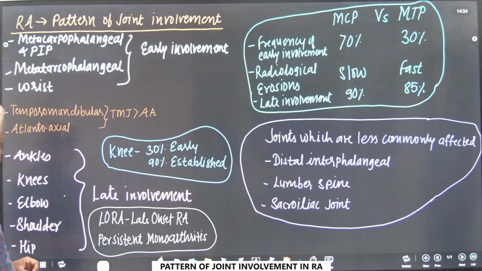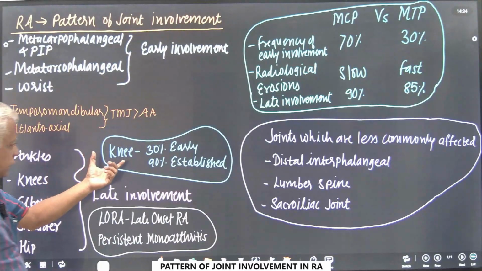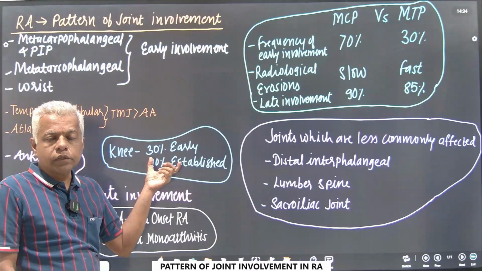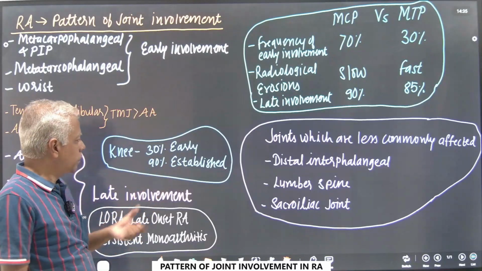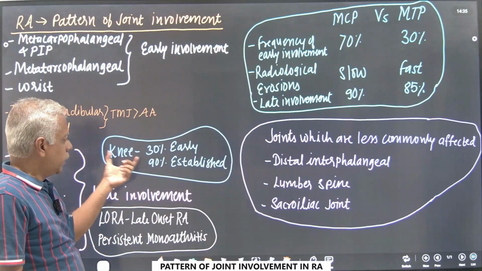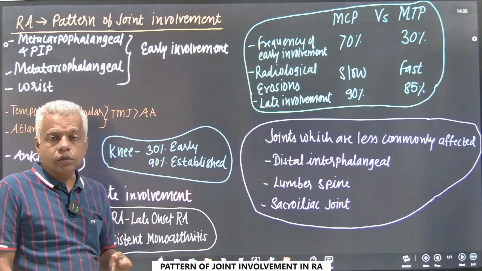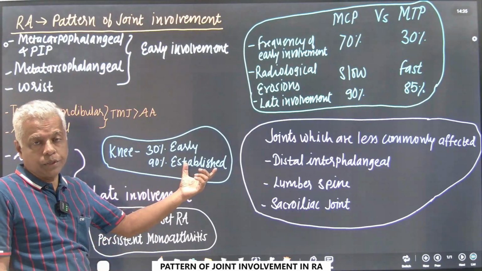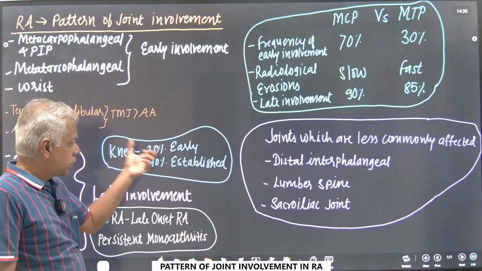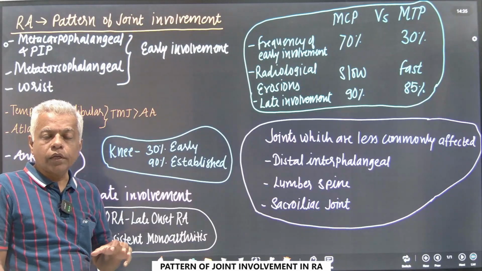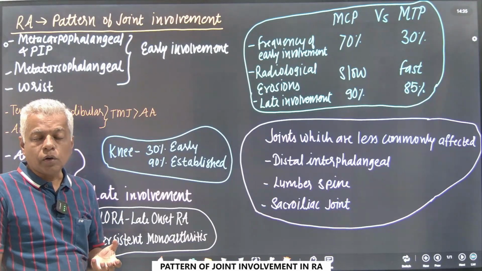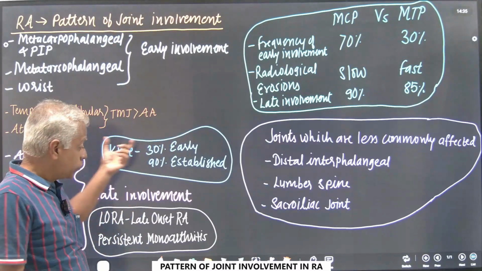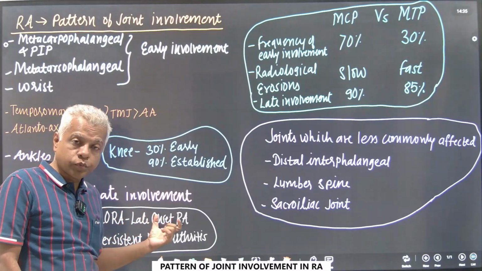Now come here. Regarding this knee joint, 30% of the patients may show early involvement of the knee, and 90% of the patients show involvement once the disease becomes chronic. So these 30% of patients may be involved earlier in the disease, and of these 30%, most of the patients come from the LoRa group.